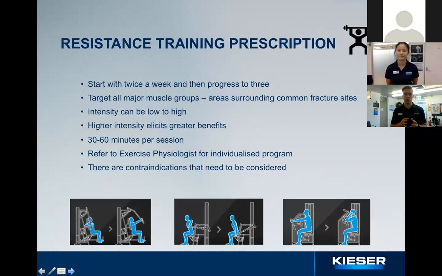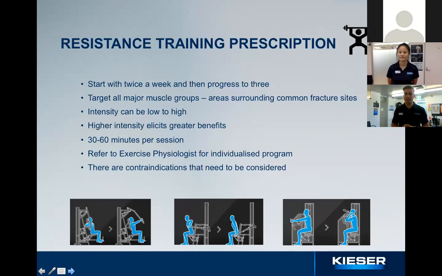We want to be targeting all major muscle groups, especially those that surround the common osteoporosis fracture sites. So surrounding the lumbar spine, the hip, and the forearm and the wrist. Intensity can range from low to high depending on your exercise experience and your baseline levels of strength. We do know from the research that the higher the intensity, the greater the benefit you get. But what's really important is that we have a graduated approach and we start low and slowly build you towards higher intensity when appropriate. Sessions can range from 30 to 60 minutes.